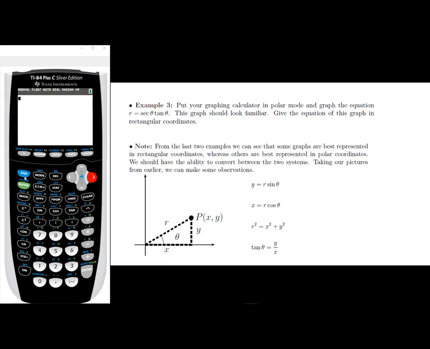So over here, I go back to my y equals menu. I'll clear out the 2 that I had before. And of course, I don't have a secant button in my calculator, so I'll say 1 divided by the cosine of theta. And then I'll multiply that by the tangent of theta.